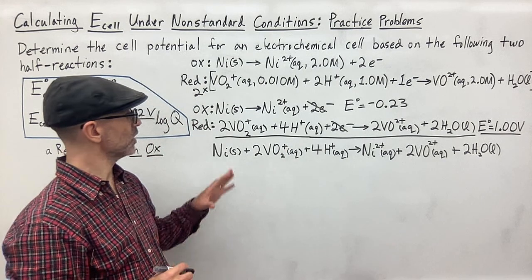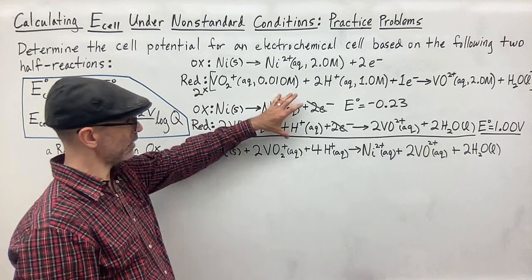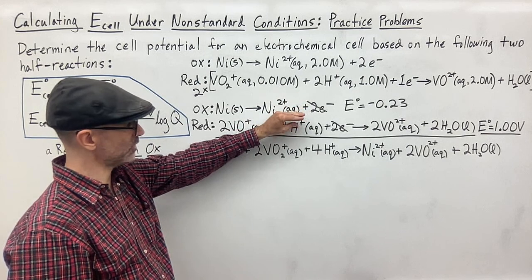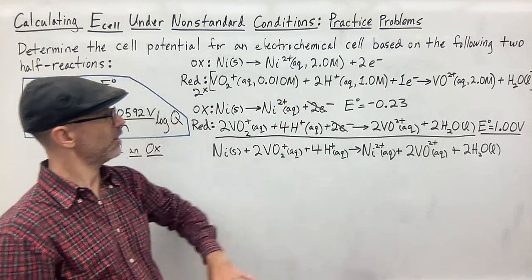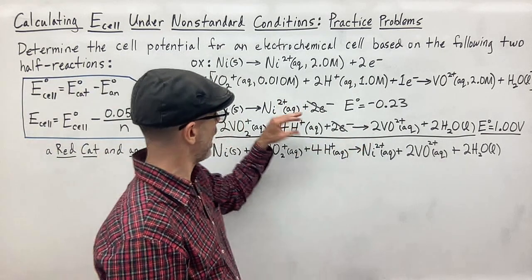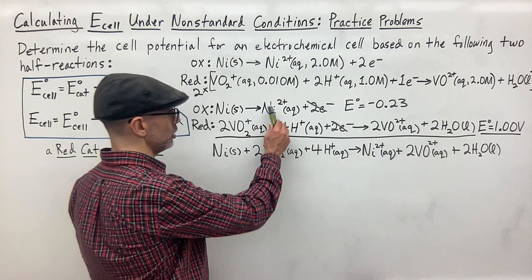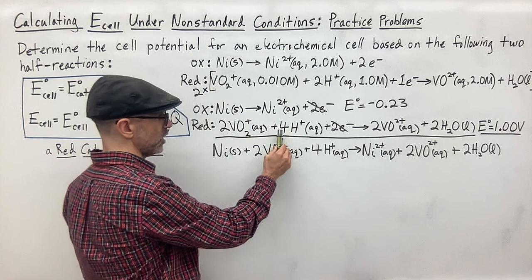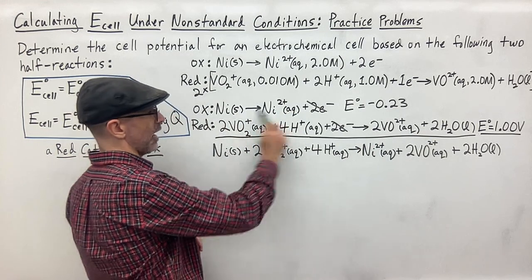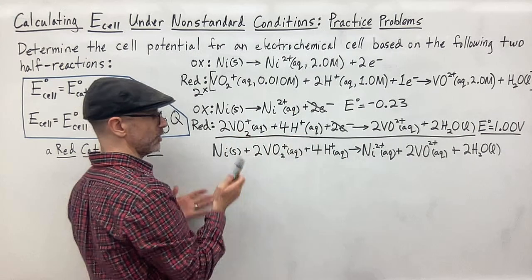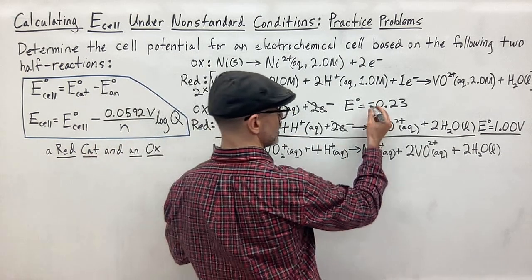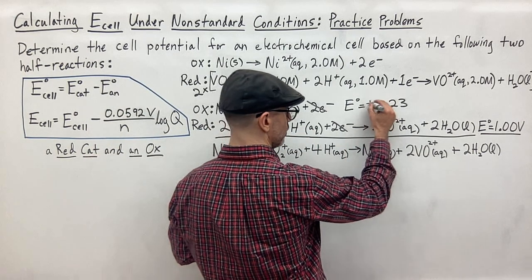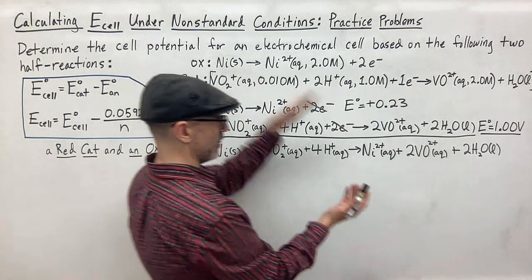When you add these two half reactions together to get the full reaction, you would add the actual electrode potentials for these. Since this is written in the oxidation form, not the reduction, you would have to change this to a positive sign and then add them together.